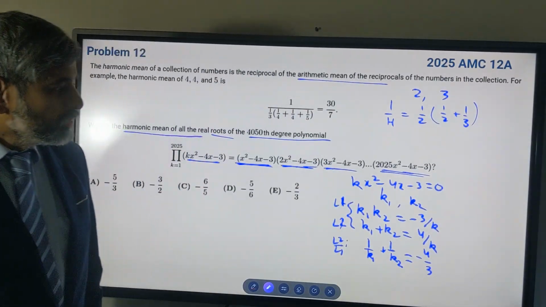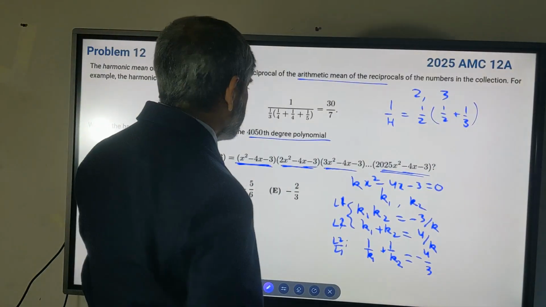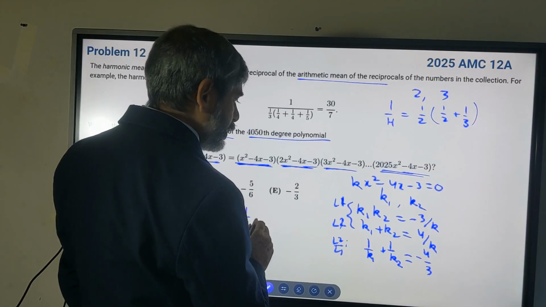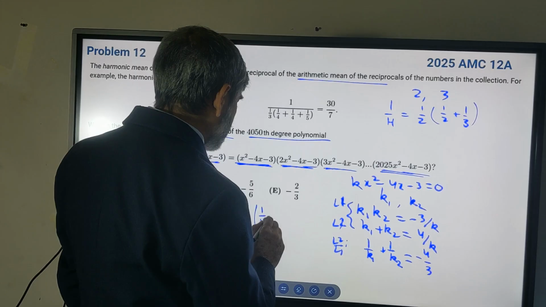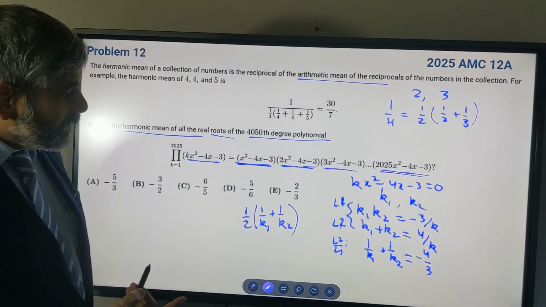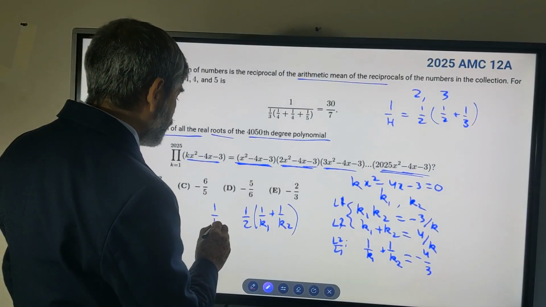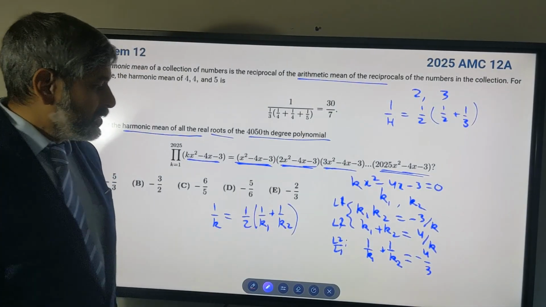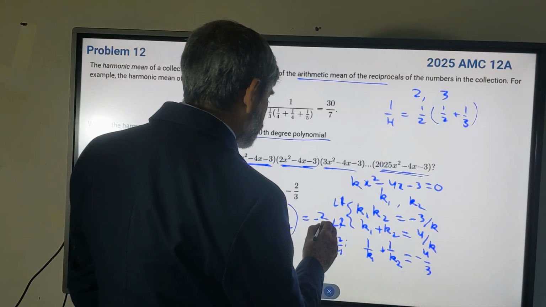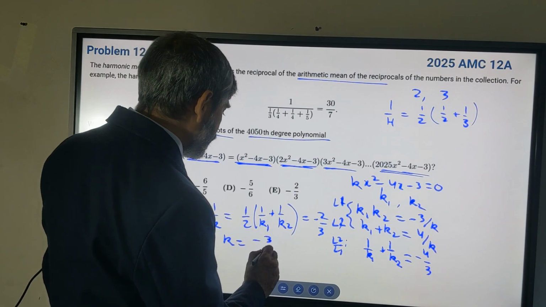And from here we can also say that the harmonic mean of one particular term is going to be half of 1 upon k1 plus 1 upon k2. If let's say k is the harmonic mean of k1 and k2, then 1 upon k is equal to 1 upon 2 multiplied by k1 plus k2, and this is going to be minus 2 by 3, and therefore k is equal to minus 3 by 2.